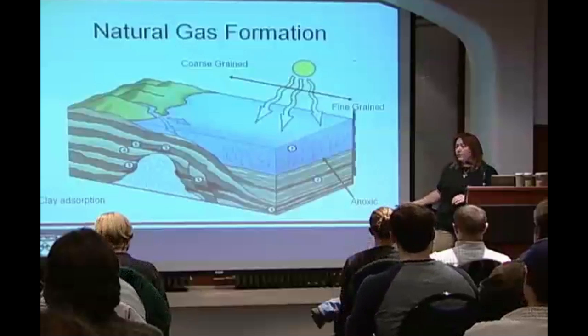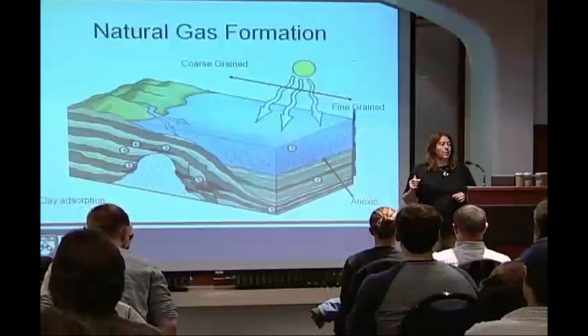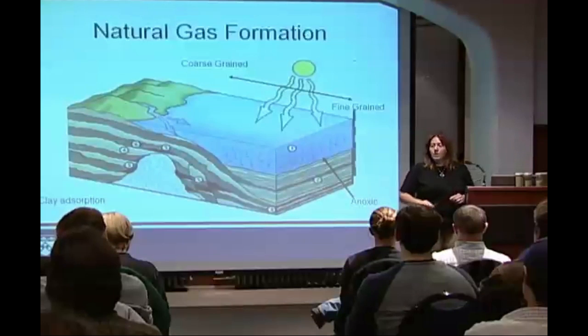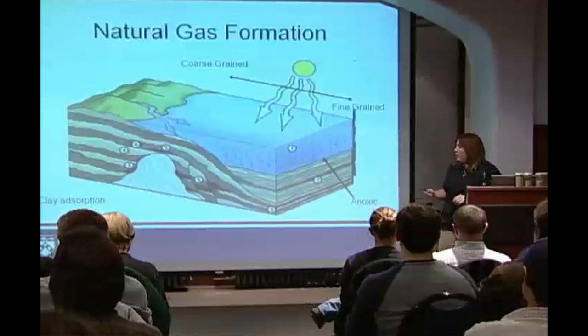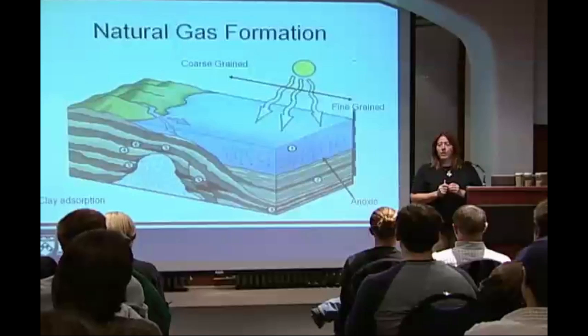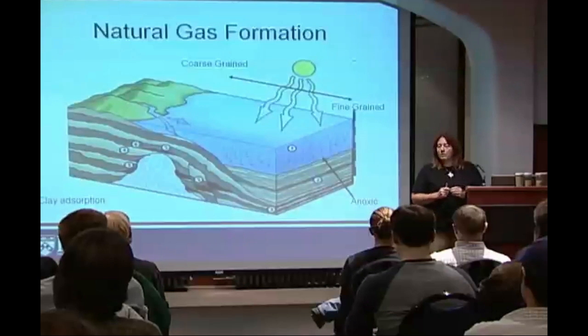It turns out that the clay particles, these very tiny particles that end up settling way out into the deep ocean, tend to attach or attract these particles. So they'll attract radioactive material. They'll attract iron, various things.